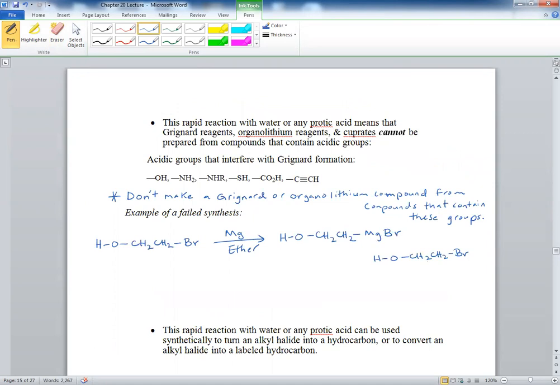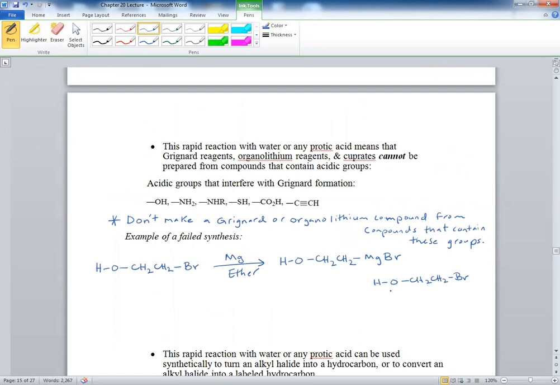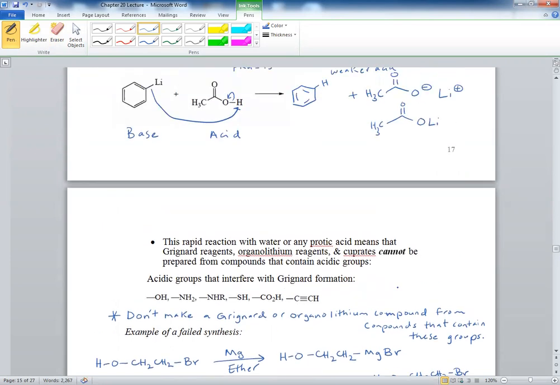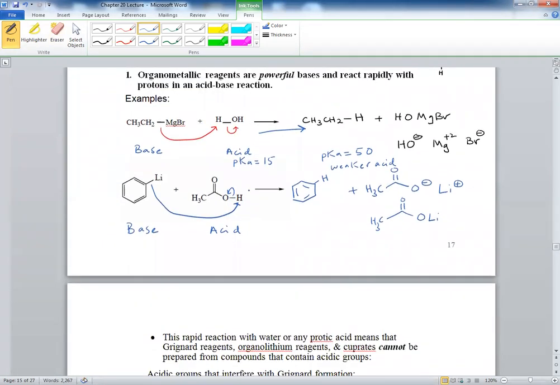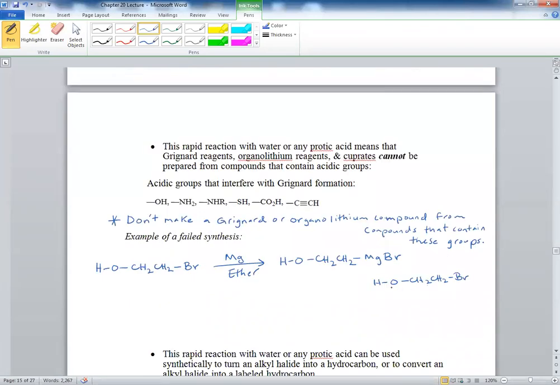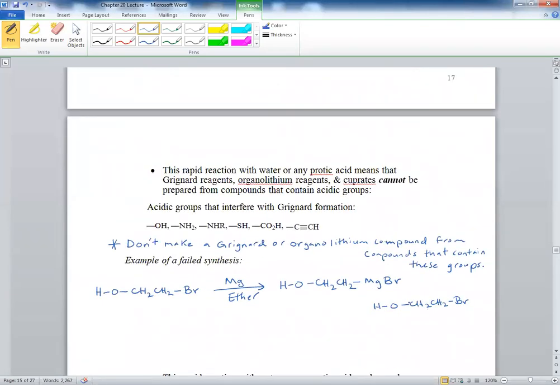You have the Grignard reagent and you have an acidic group. Basically, this is going to happen again. But of course, we don't have water. We have the end of this alcohol.